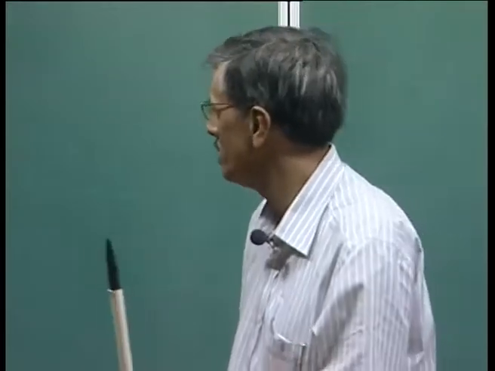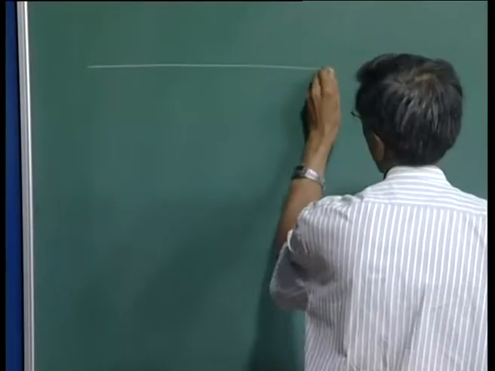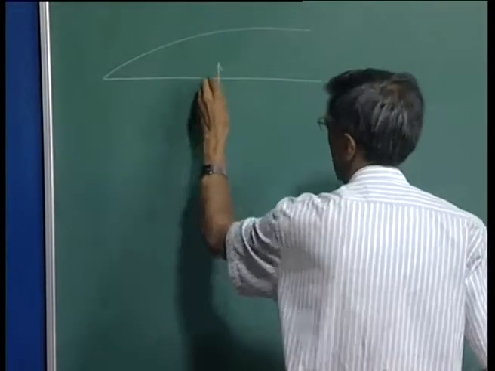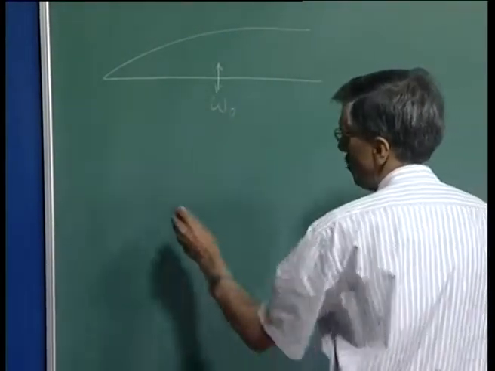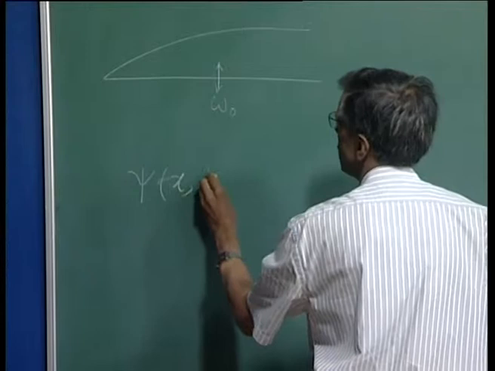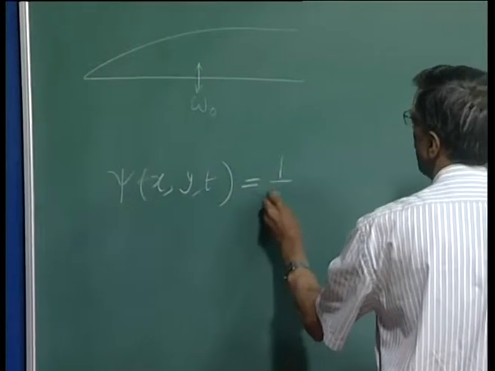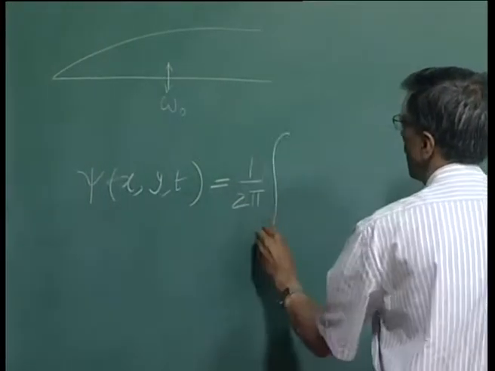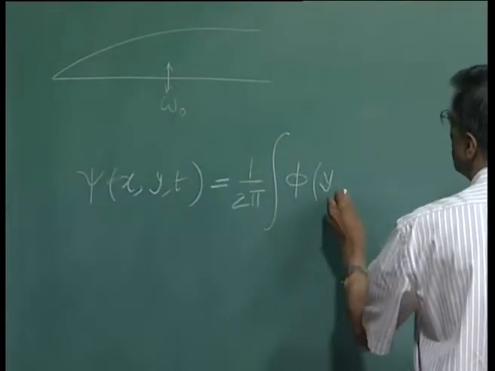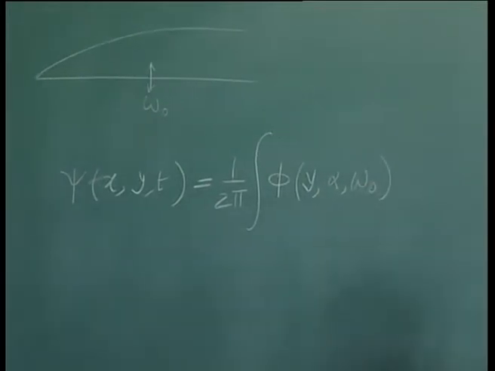Signal problem means that if we have a shear layer forming over, again, a flat plate, and we excite the system at a fixed frequency omega naught, then we wrote psi as a function of x, y and t in terms of 1 over 2 pi, and wrote that unknown in terms of Fourier Laplace transform.